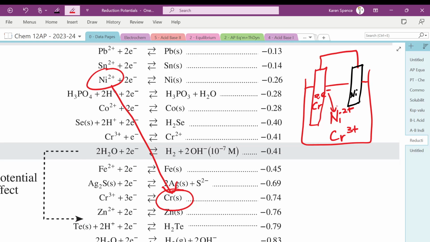So that's why we need to separate the nickel 2+ from the chromium electrode, because otherwise they'll just take the electrons, and they won't go through a wire because it's the path of least resistance, right? There's more resistance in a wire than just having the ion floating next to you. So that's why there have to be 2 beakers.